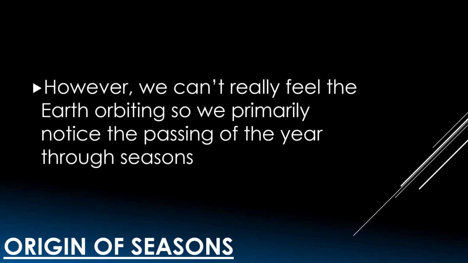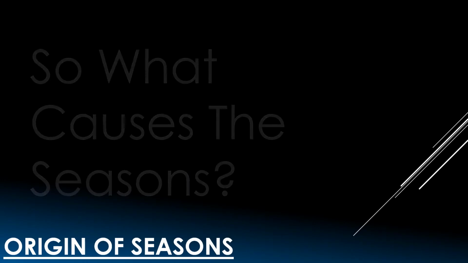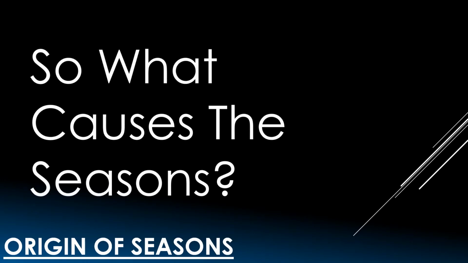Unfortunately, though, we can't really feel the Earth orbiting, so we primarily notice the passing of the year through seasonal changes. Now, the big question is, what causes these seasons to occur?